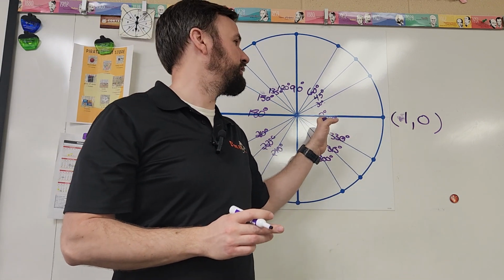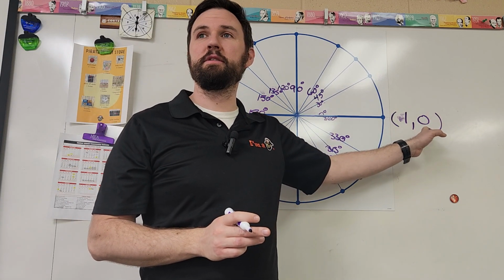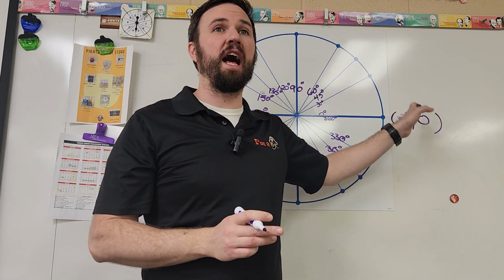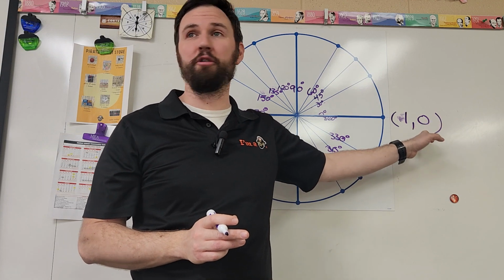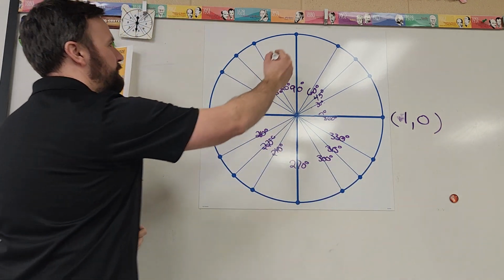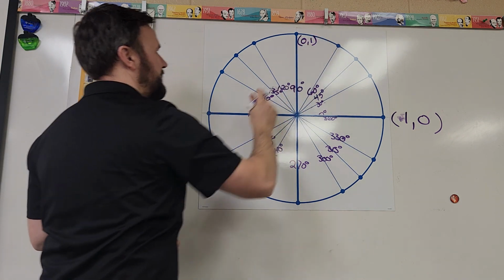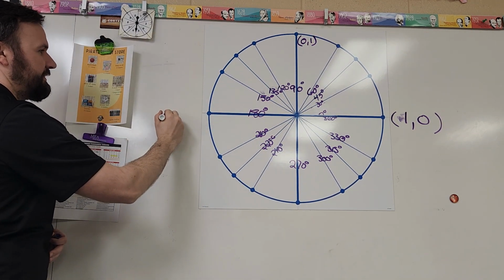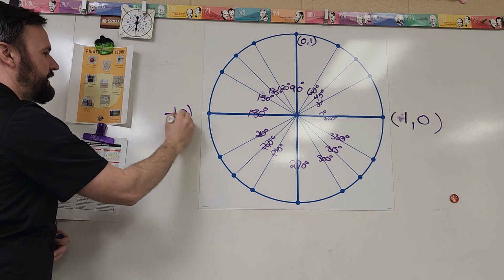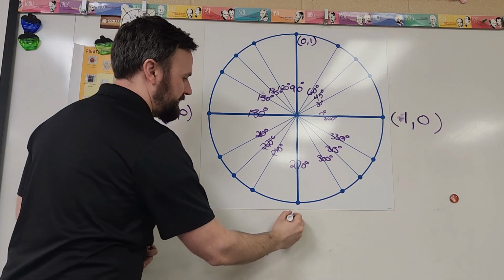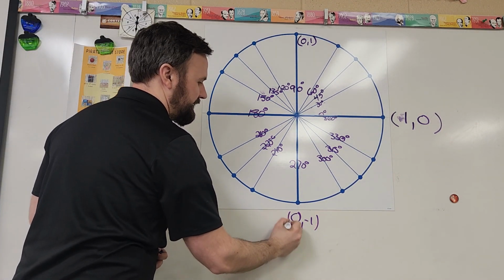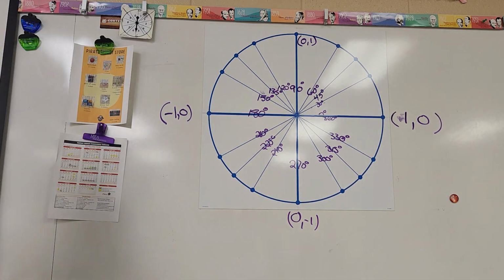What's sine of 0 degrees? 0. Because if I have my unit circle, I know my sine and cosine of important parts. Let's do this top one up here. What's this point going to be? 0, 1. What's this point over here? Negative 1, 0, right? And down here we get 0, negative 1. Boom. That's a big part of the unit circle done.